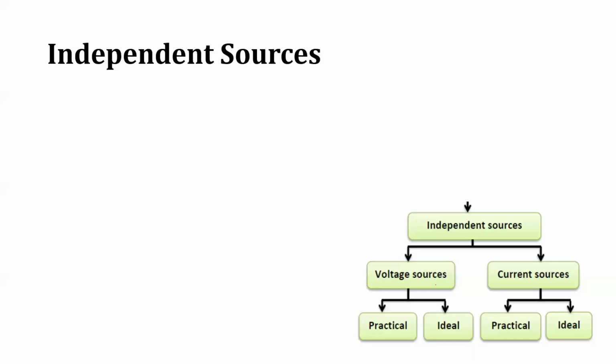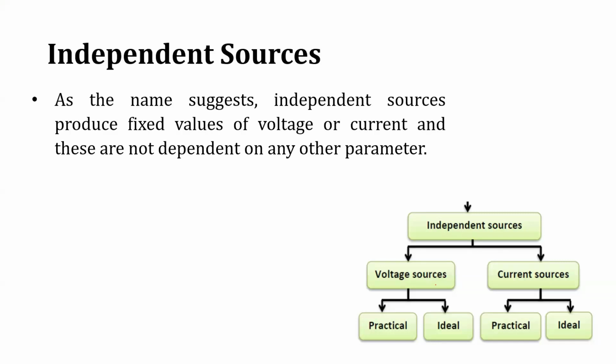Independent sources, as the name suggests, produce a fixed value of voltage or current, and they are not dependent on any other parameter. They can be either a voltage source or a current source.